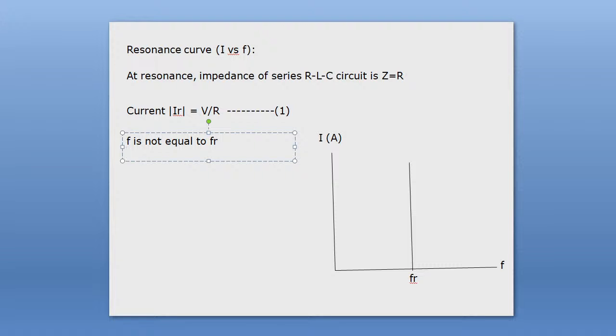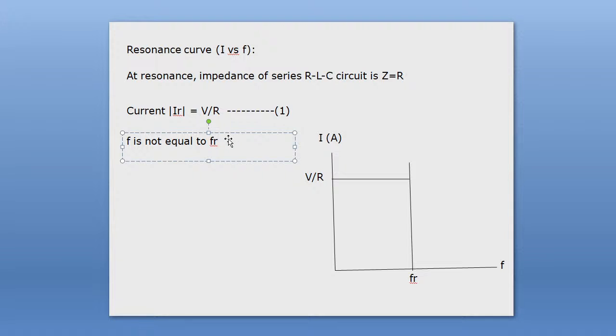What will be the expression of current at this point? At f equal to f_R, the current is V by R. So this is the maximum current, equal to V by R, because of the lower impedance.